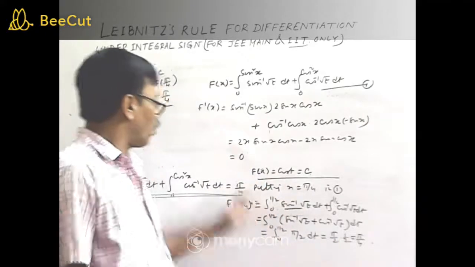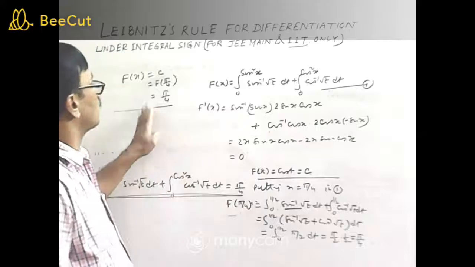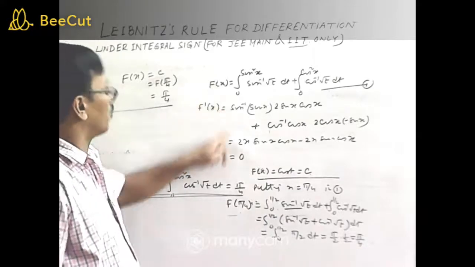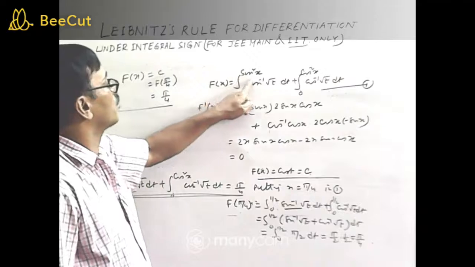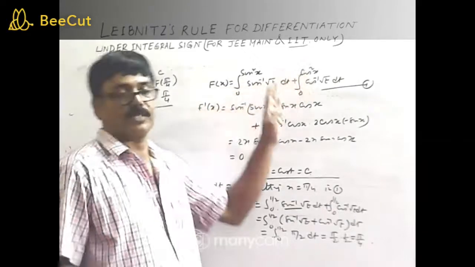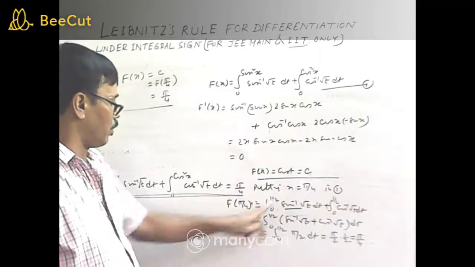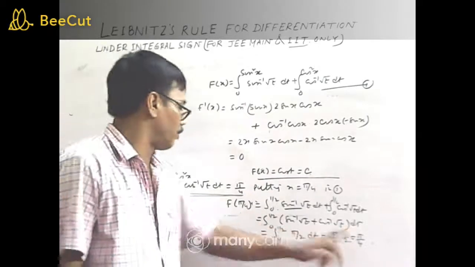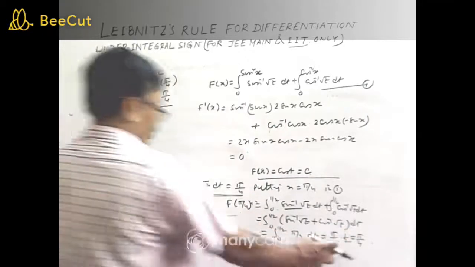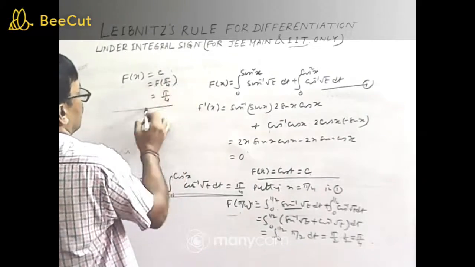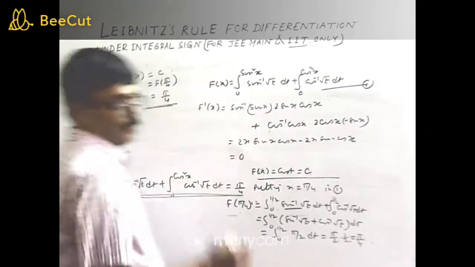You may ask, why are we putting x equals pi by 4? Because at x equals pi by 4, sin square x and cos square x both have the same value. So F(pi by 4) equals pi by 4, so F(x) equals c equals pi by 4.